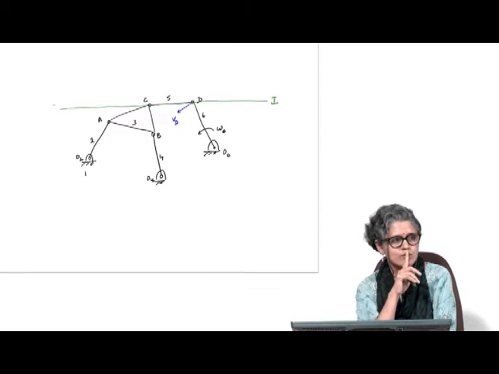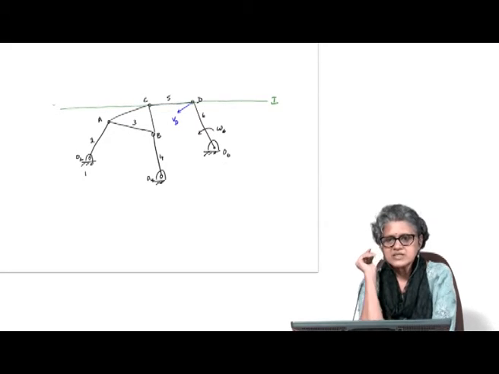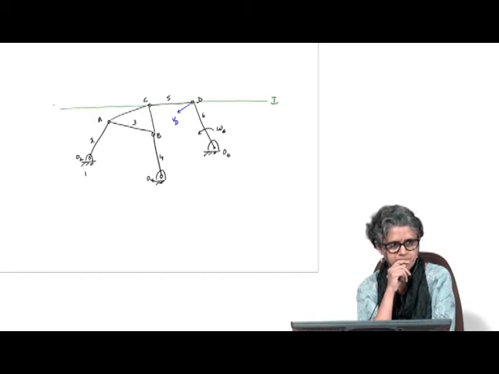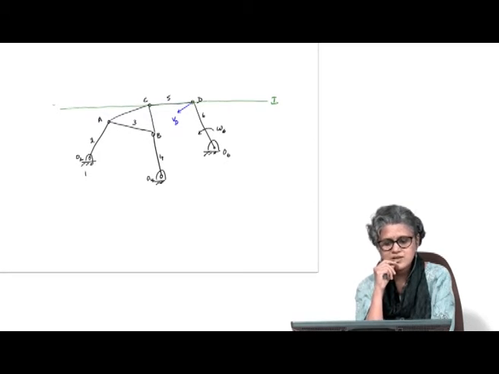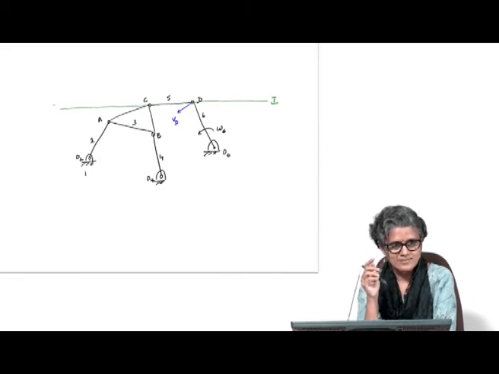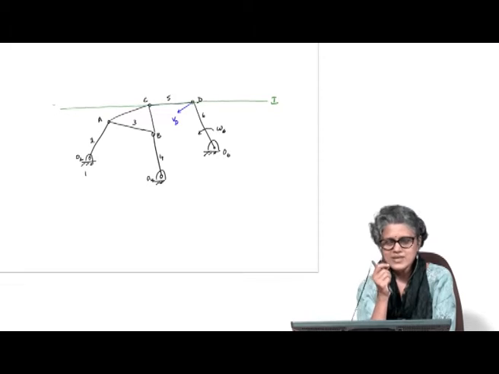I already gave you a clue. Look at the other motion transfer points, A and B. They are both connected to links that are pivoted to the ground. So along the link, do I know anything about the velocity? 0.